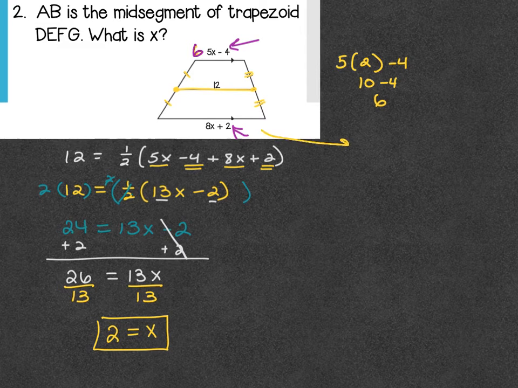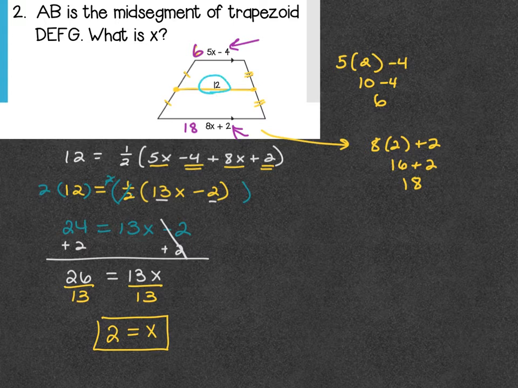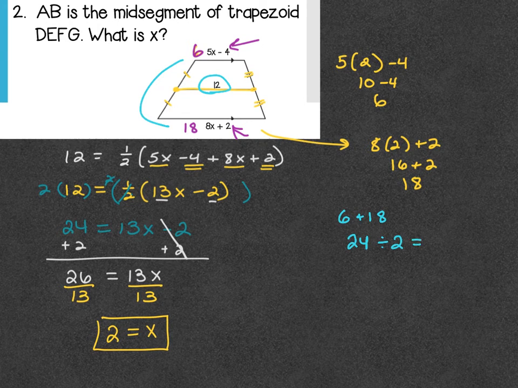On the bottom, I would do 8 times 2 plus 2, or 16 plus 2, which is 18. That's the bottom base. And then I would see if the mid-segment, 12, is 1/2 the sum of these two. So 6 plus 18 would be 24, and 24 divided by 2 is 12. And that's how I know that this answer, x equals 2, is correct.